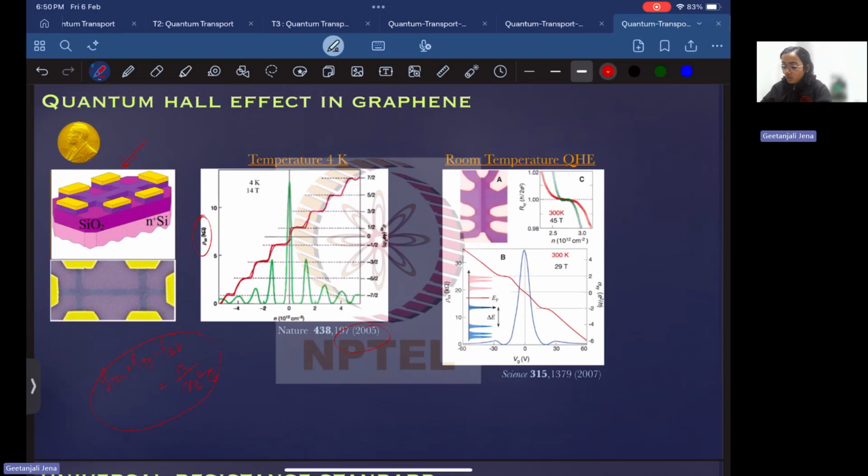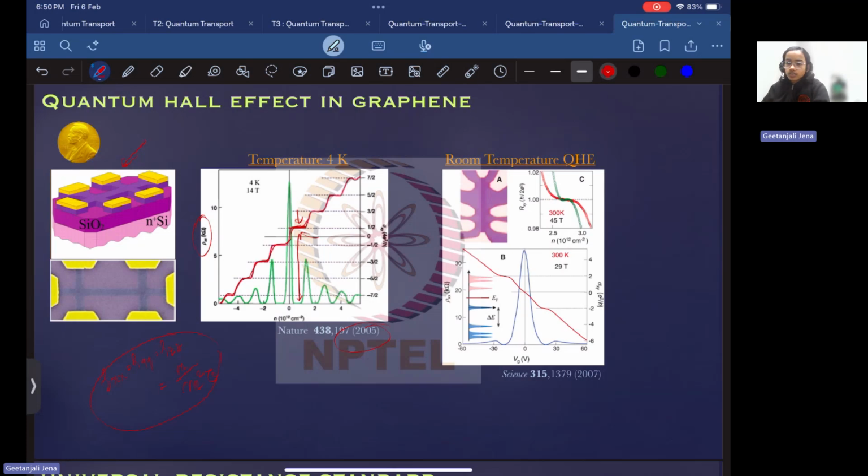But in the quantum Hall effect, it's possible that the longitudinal resistivity becomes zero. If you see this plateau region, for this plateau region the longitudinal resistivity is almost zero, and this is because of the mechanism that for this plateau region the bulk of this material becomes insulating.